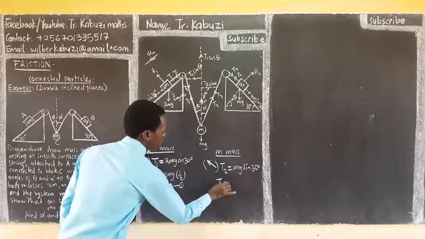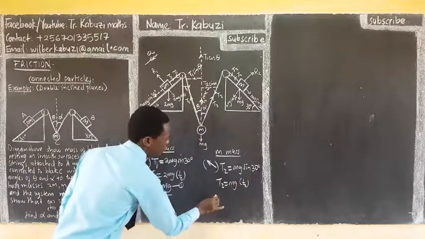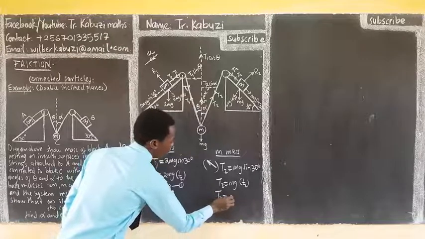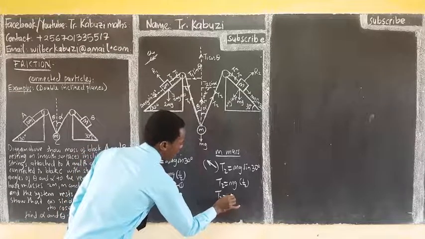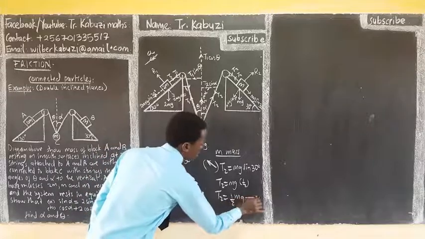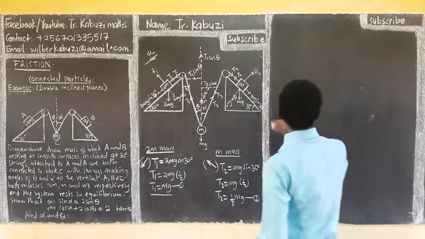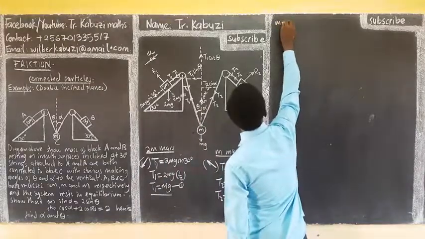Our T2 will be mg into a half, so our T2 will be a half mg on this equation 2. Let us turn to this one, the m mass.